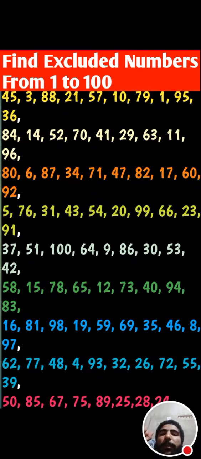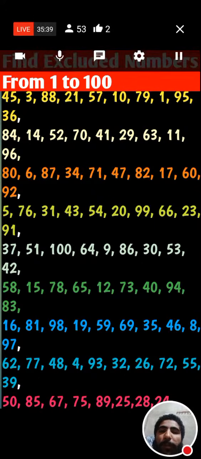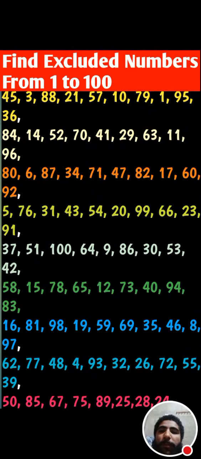The sixth number of the fifth row is 47, after 71 and before 82. So we have to find the number 48.